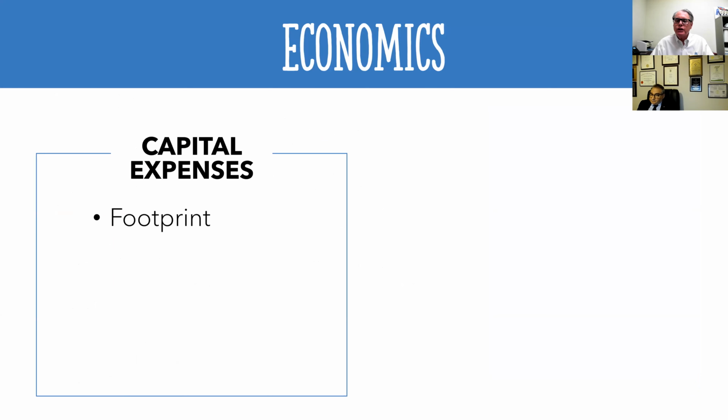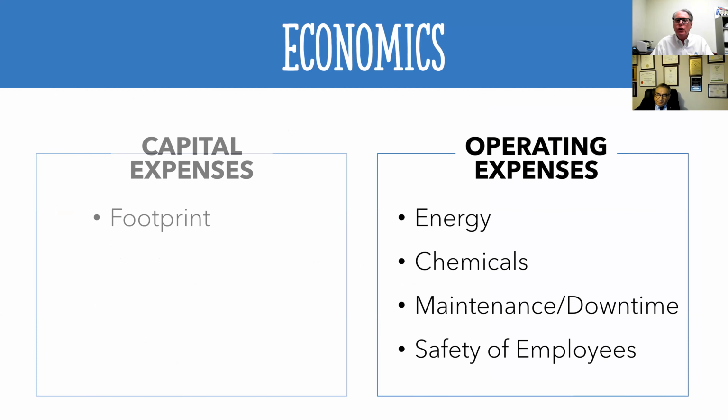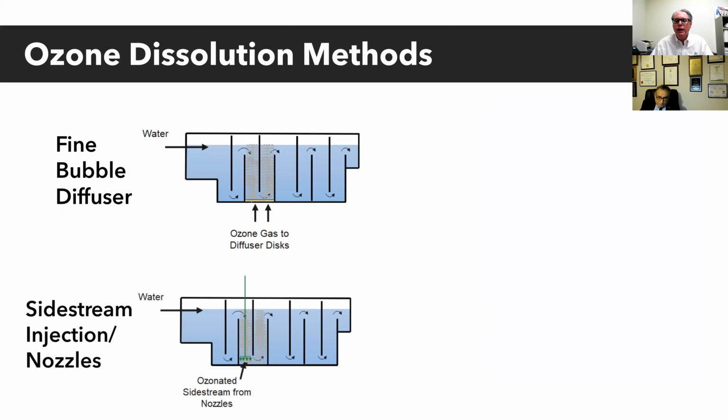So on the CapEx side, ozone optimization leads to a smaller footprint in terms of space and civil works. And on the OpEx side, ozone optimization results in reduced energy, chemicals, maintenance, and downtime. One of the ways to optimize an ozone system is to look at how to transfer the ozone into the water more efficiently.